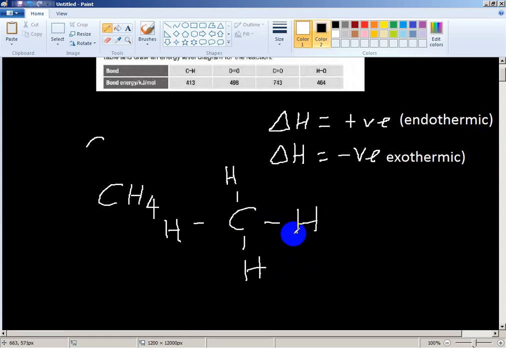Metal and non-metal is an ionic bond. Here both are non-metals, so this is a covalent bond. Yes, covalent bond. Who gave the answer? Oh, Satman, he is excellent. There are 4 carbon hydrogen covalent bonds.